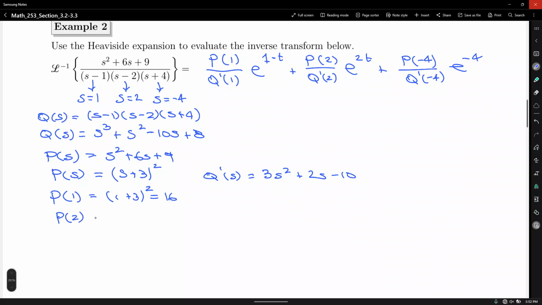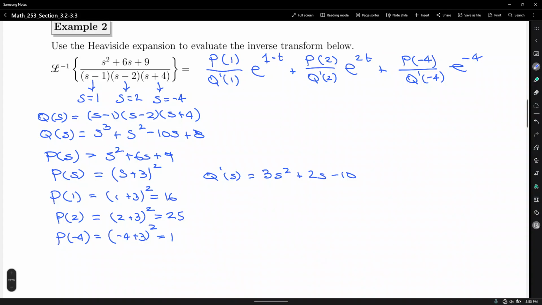P of 2 equals 2 plus 3, quantity squared, which is 5 squared, that's 25. And then P of negative 4, right? That is negative 4 plus 3 squared. Negative 4 plus 3 is negative 1, and negative 1 squared equals positive 1. So you've got the numerators here: 16, 25, and 1.